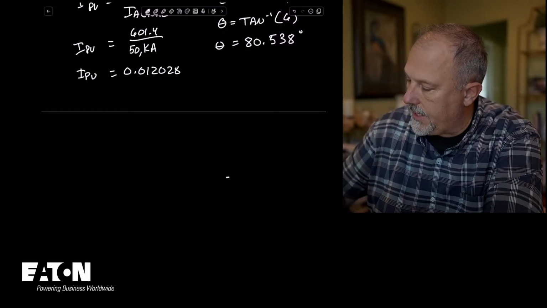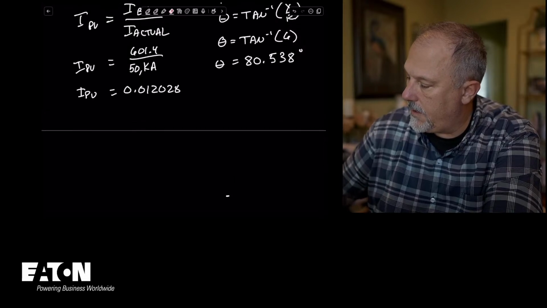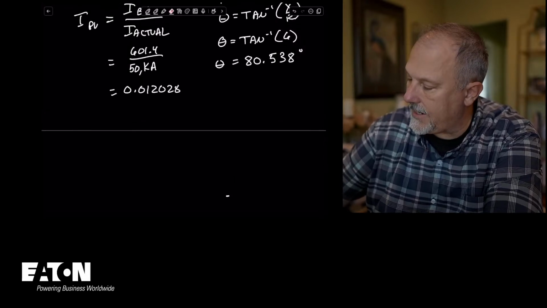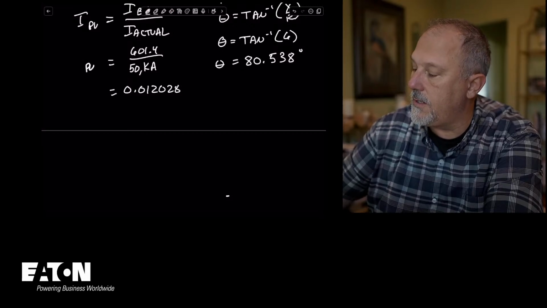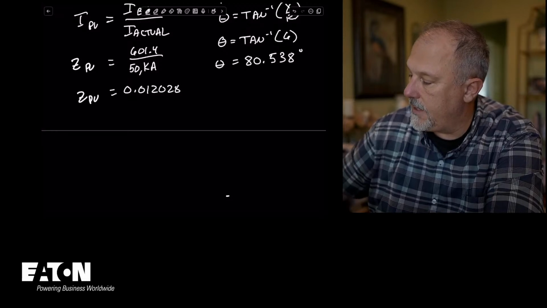So what I do is, this is not I, this is X. I'm going to call it Z per unit. Z per unit.